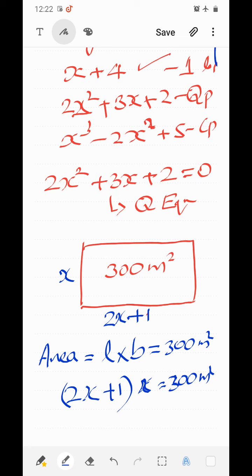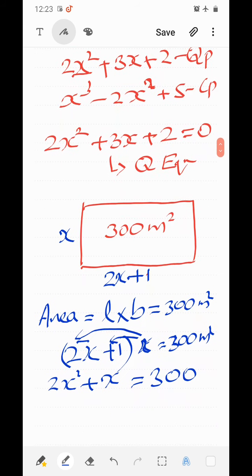Okay, after simplifying this, what will we get? We have to distribute x into the bracket. 2x into x, 2x square, plus x into 1, x, is equal to 300 now.